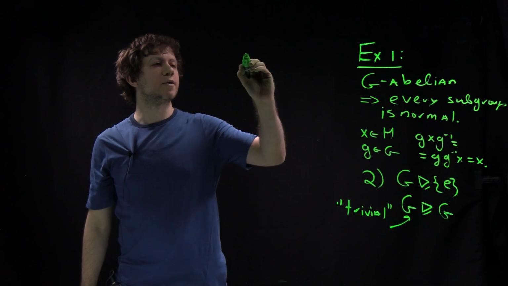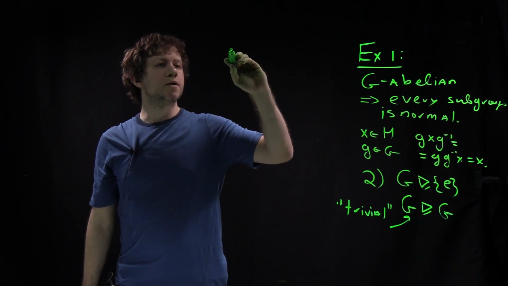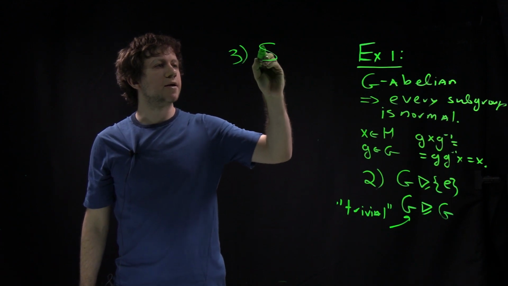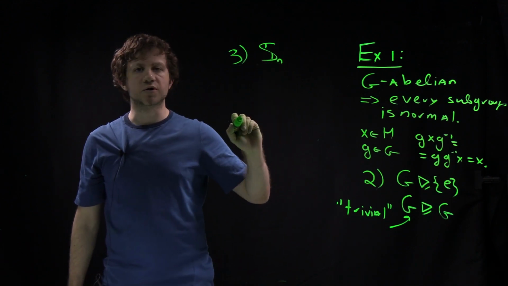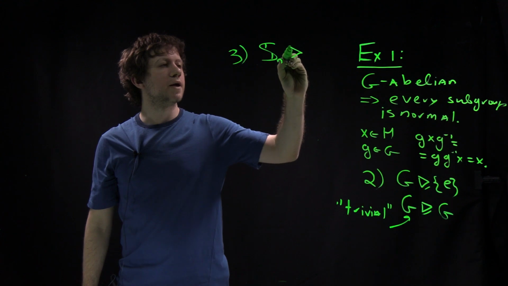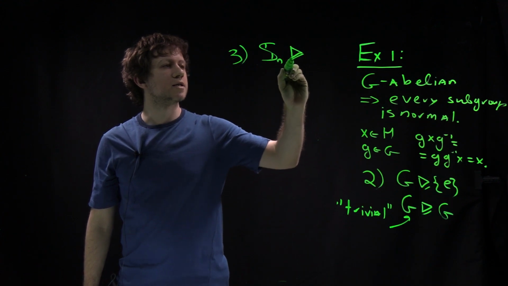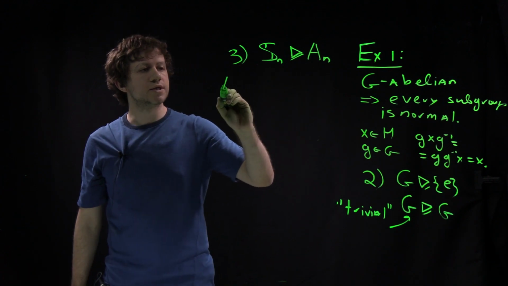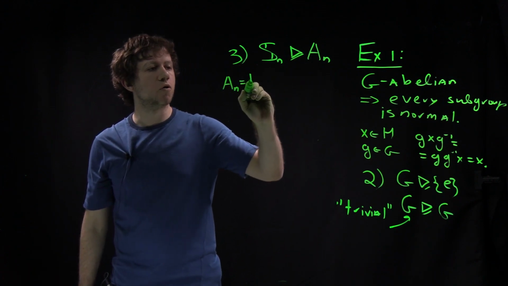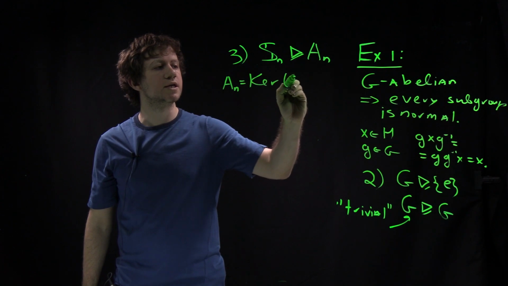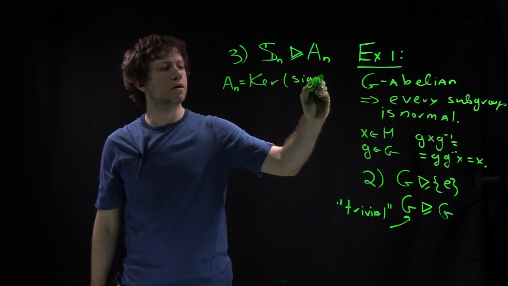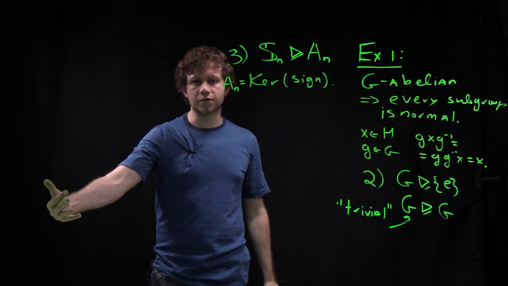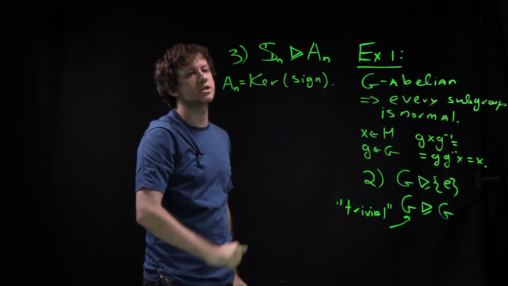Then of course, a very interesting example is Sn, the permutations, which contains as a subgroup An, the even permutations. The reason is that An is actually the kernel of a homomorphism, and this homomorphism is sign. We discussed already that if you have the kernel of a homomorphism, it's a normal subgroup.